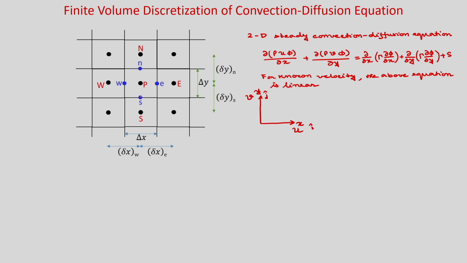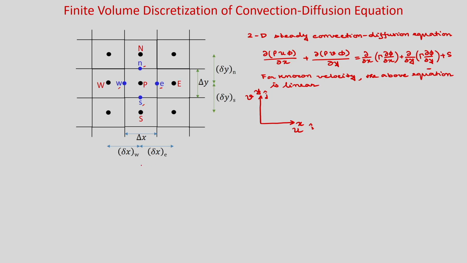Now, let us consider this finite volume of cell P. You can see this is the main control volume, this P, and the face centers are small e, small n, small w and small s. We will integrate this governing equation over this control volume, the main cell P. Let us first write this governing equation in vector form, in terms of the flux vector.